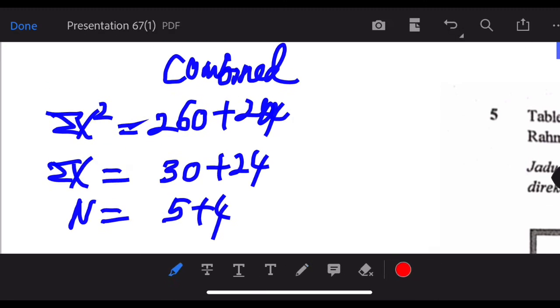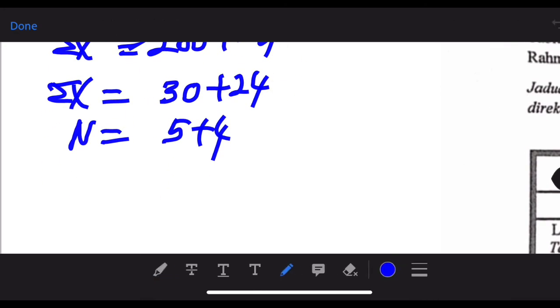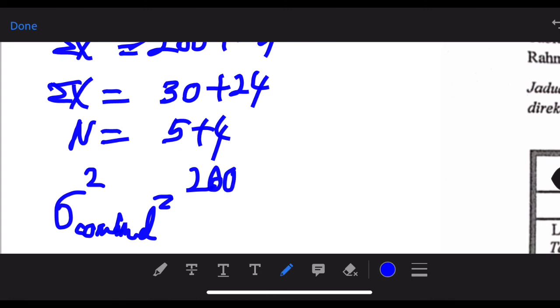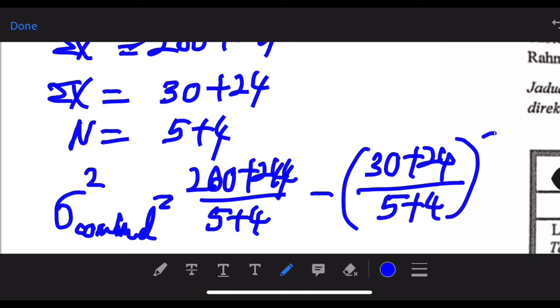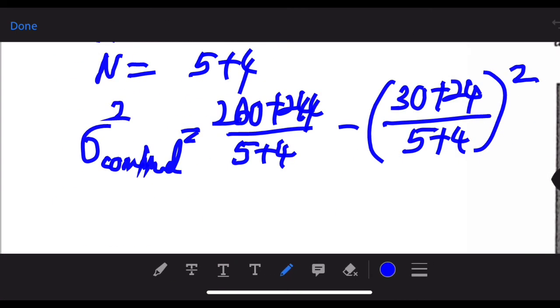Now we can find the variance for the combined data. It will be 260 plus 244 over 5 plus 4, minus 30 plus 24, which is the new mean, over 5 plus 4, all squared. So you will get the answer.